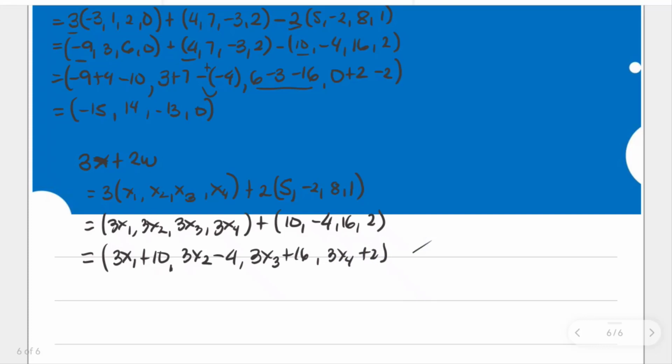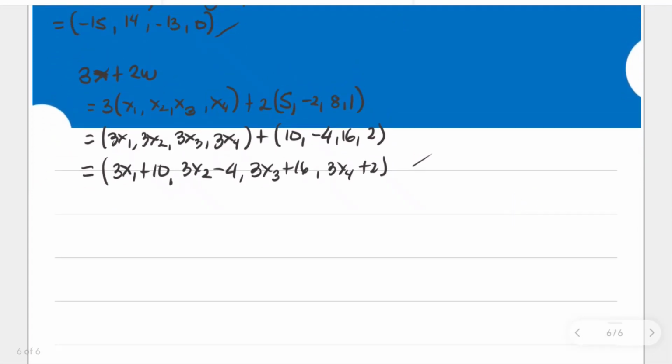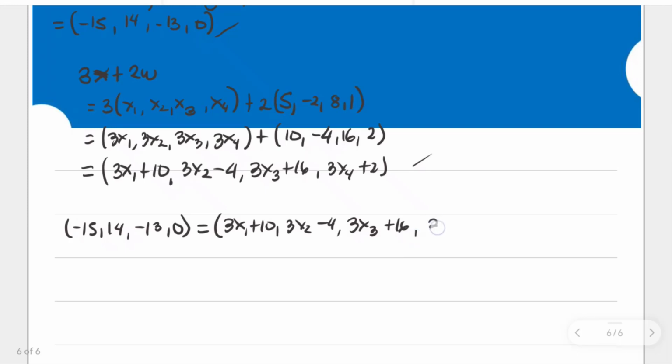We already have our left hand side earlier, and we're going to combine them into one equation. So you have negative 15, 14, negative 13, and 0 equal to 3x sub 1 plus 10, 3x sub 2 minus 4, 3x sub 3 plus 16, and 3x sub 4 plus 2. Okay?